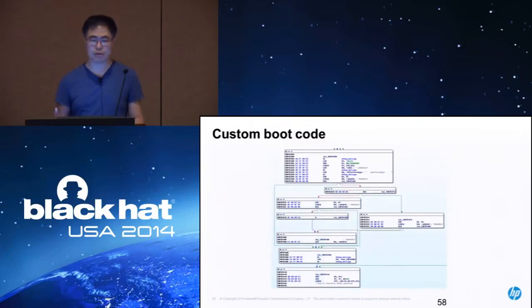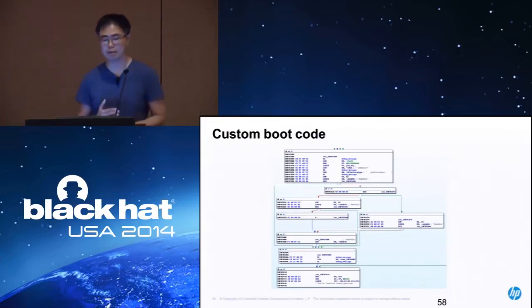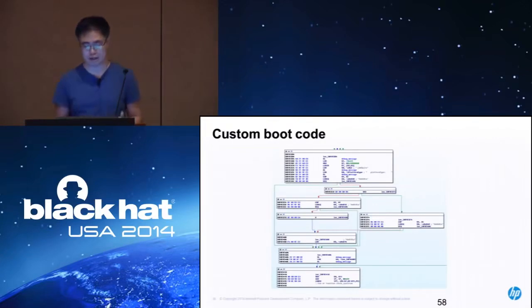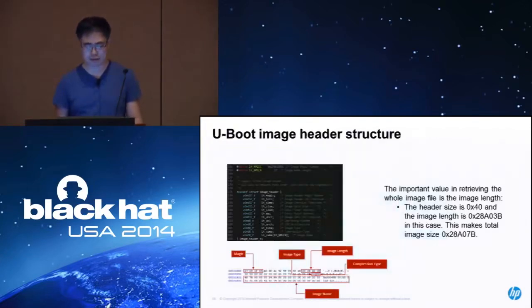But also, the vendors modify U-Boot for their own use, and they put in their own stuff. In this case, it's identifying each platform. There are different platforms like MX550 or MX570, and it is just identifying those architectures.